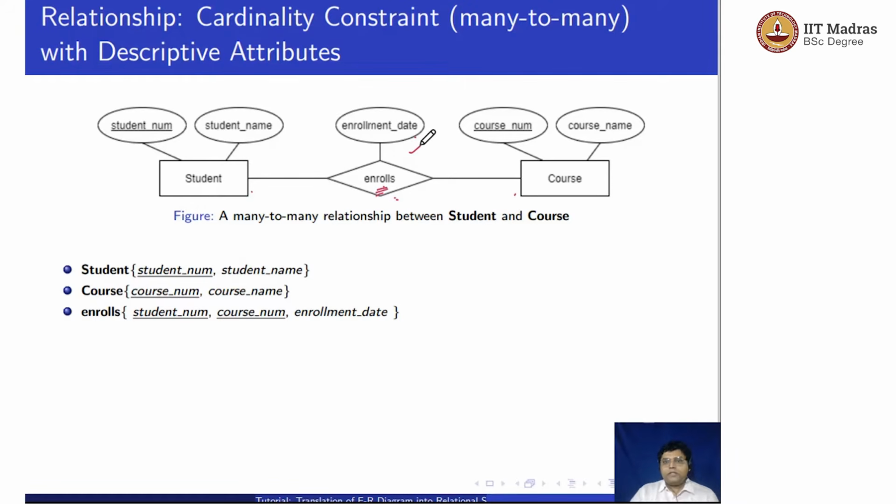Means it becomes an attribute for the table which belongs to the relationship set. So as you have seen, this is our student table, this is our course table, and this is our enrolls table. So this enrollment date became a part of your enrolls table, right?